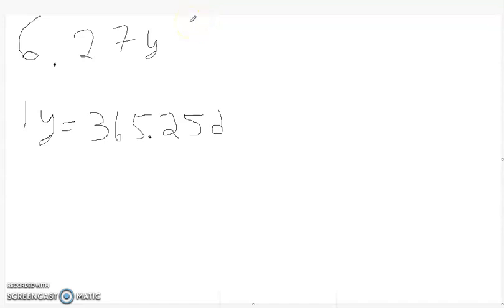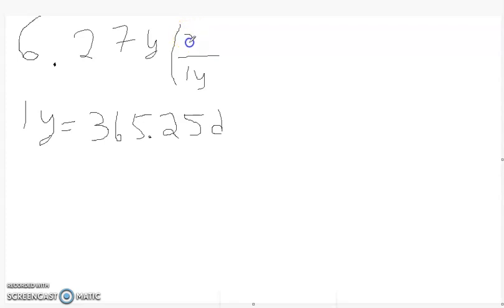Anytime you do a conversion, you use the conversion factor. So here, let me draw this. What you're doing is you want to cancel, so we need to cancel a year. So I'm going to use 1 year, and that goes in the denominator, and then the other side of the equation, the conversion, goes in the numerator.